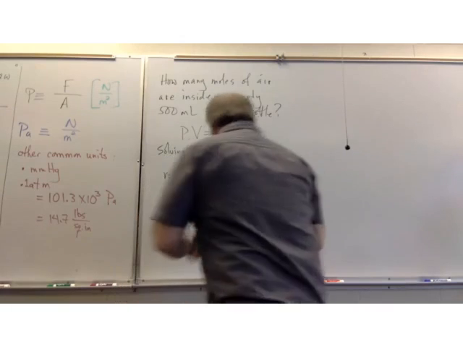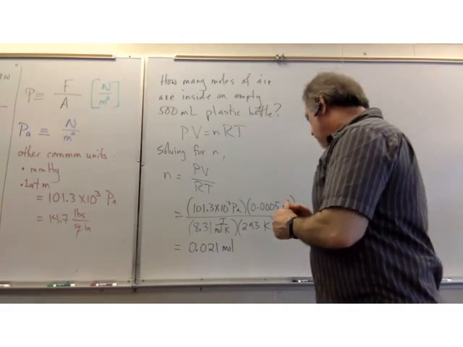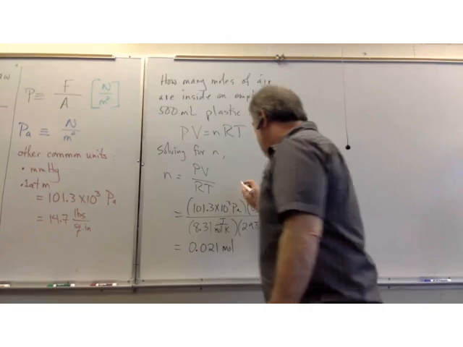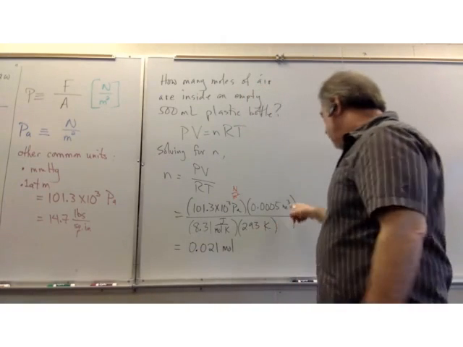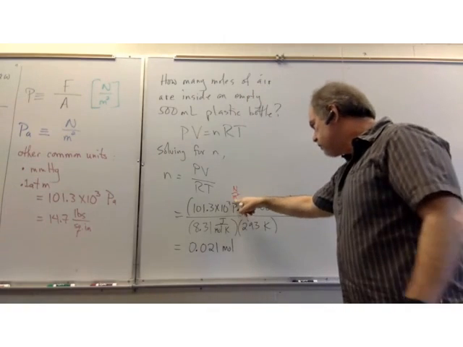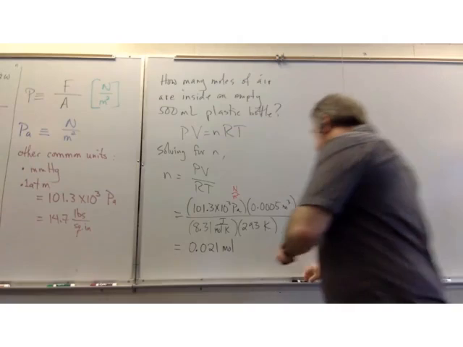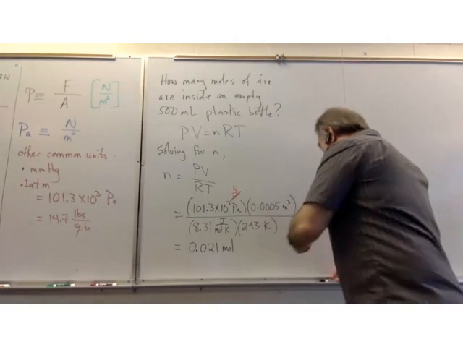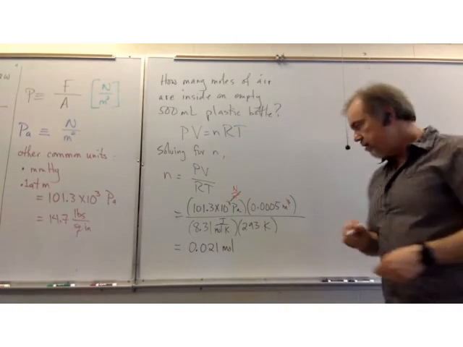mole. All right, let's do a quick sanity check on our units. A Pascal is a Newton per square meter, so we have Newton over square meter multiplied by cubic meters. So our meters squared divide out, and 2 of our 3 meters divide out there.